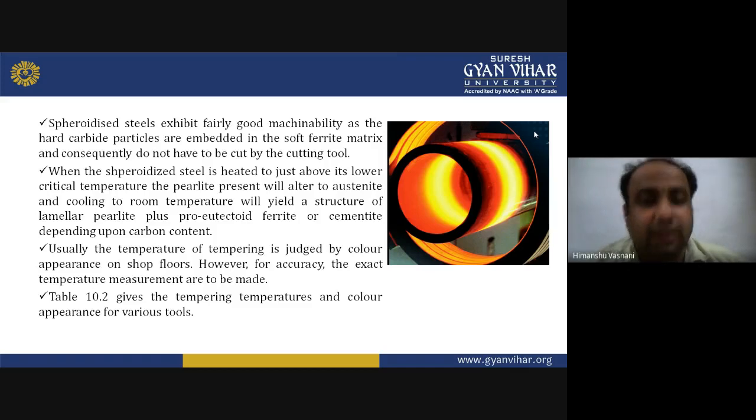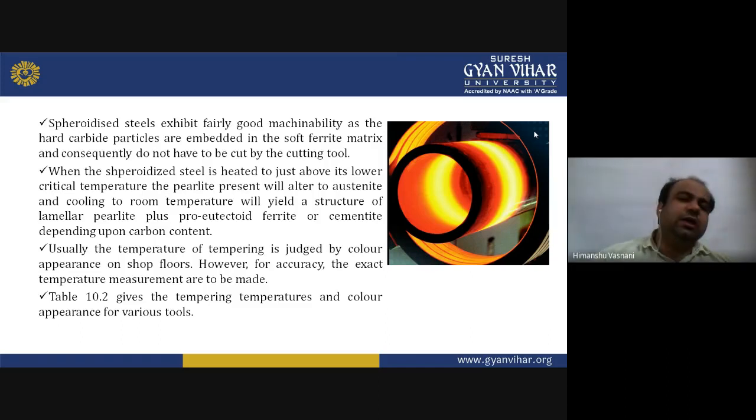Here the carbon content plays its role, because when you heat the spheroidized steel just above its lower critical temperature, the pearlite changes to austenite, and when you cool the workpiece to room temperature, it yields lamellar pearlite plus proeutectoid ferrite, depending upon the carbon content.